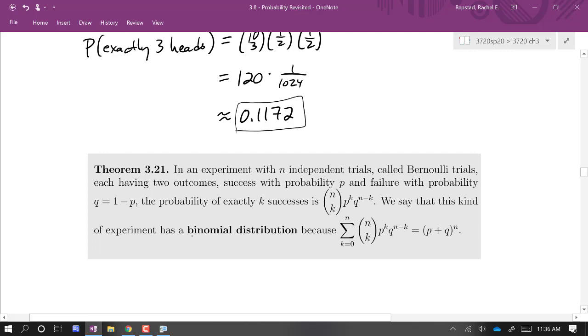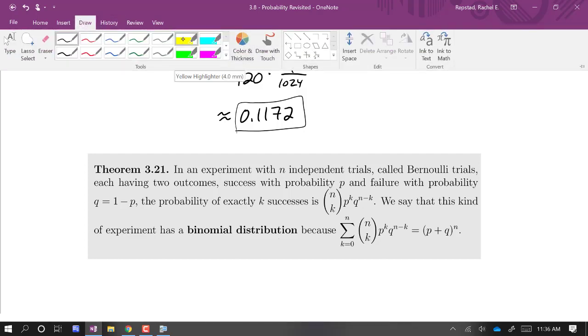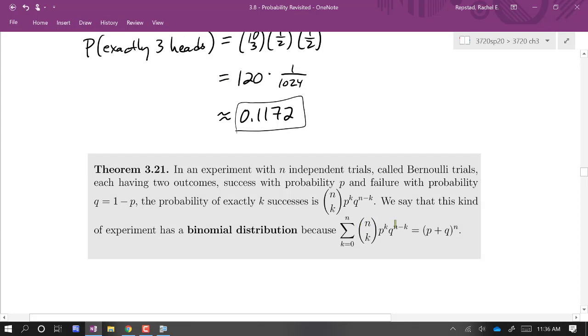This kind of experiment has what we call a binomial distribution, and we call it binomial because each of the probabilities is the probability that we have so many successes. In the one we just did, we were looking at the probability that we got exactly 3 heads. So we might say getting heads is a success and getting tails is a failure in that scenario.